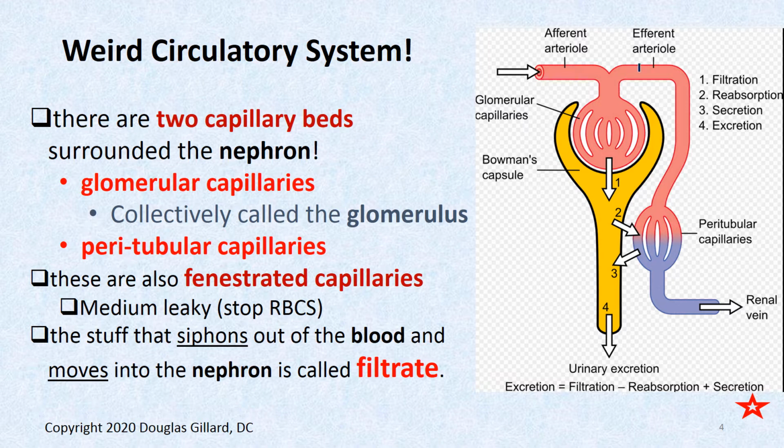But some of it keeps going, and it goes down here, and then we have another, a peritubular capillary, which is where, like aldosterone, how it takes in sodium and water, follows. This is what we're talking about. This is where that goes, in this peritubular capillary. So a very strange system. This nephron has a double capillary system. These capillaries, by the way, are fenestrated, so that's the medium leakiness. I think I talked about that yesterday.